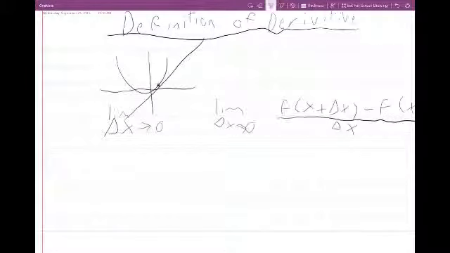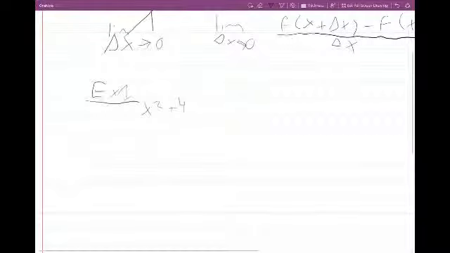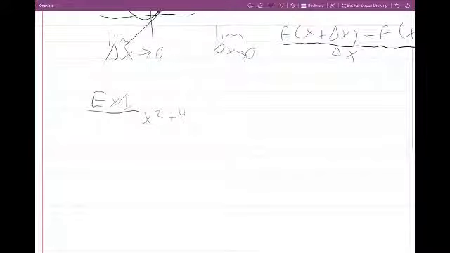So example number 1. Say we have the problem x squared plus 4, and we are trying to find the derivative of that using the definition of a derivative. You would use the formula right there, and it would be the limit as delta x approaches 0 of the function with x plus delta x in place of the x.